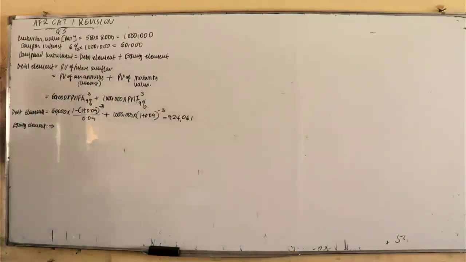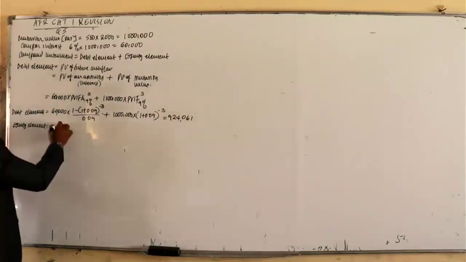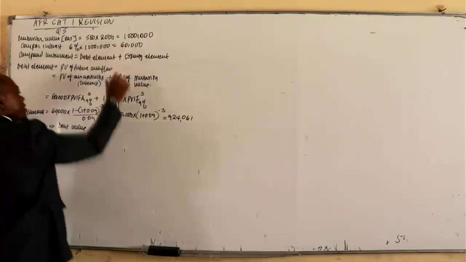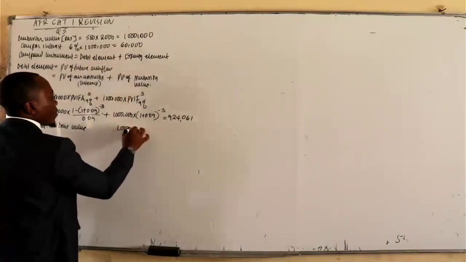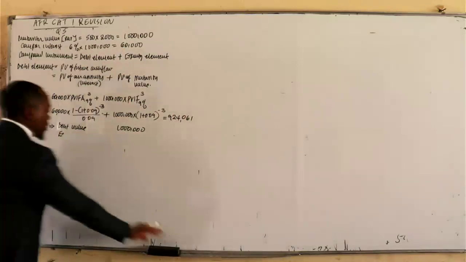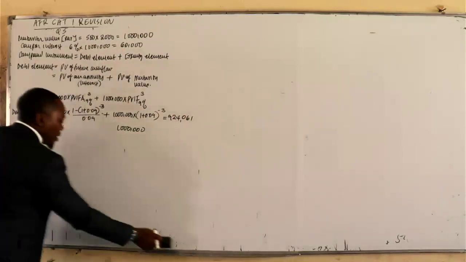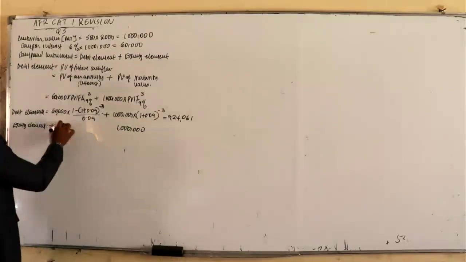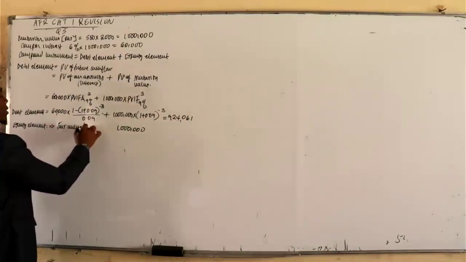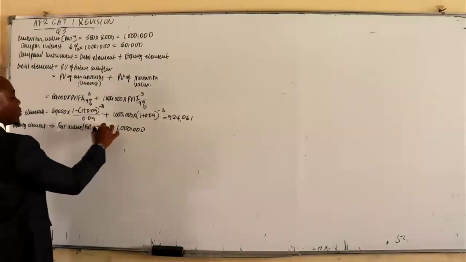What about the equity element? To get the equity element, you take the full amount, the fair value which was 1 million.